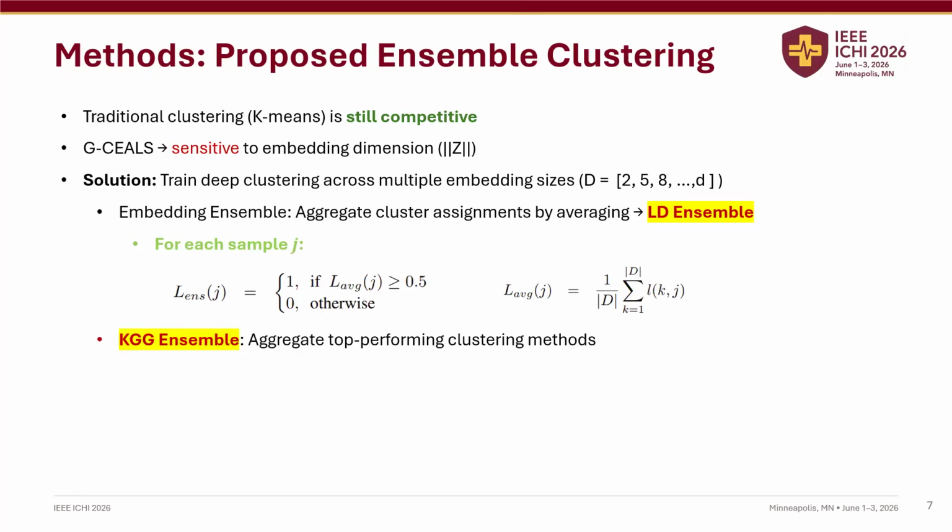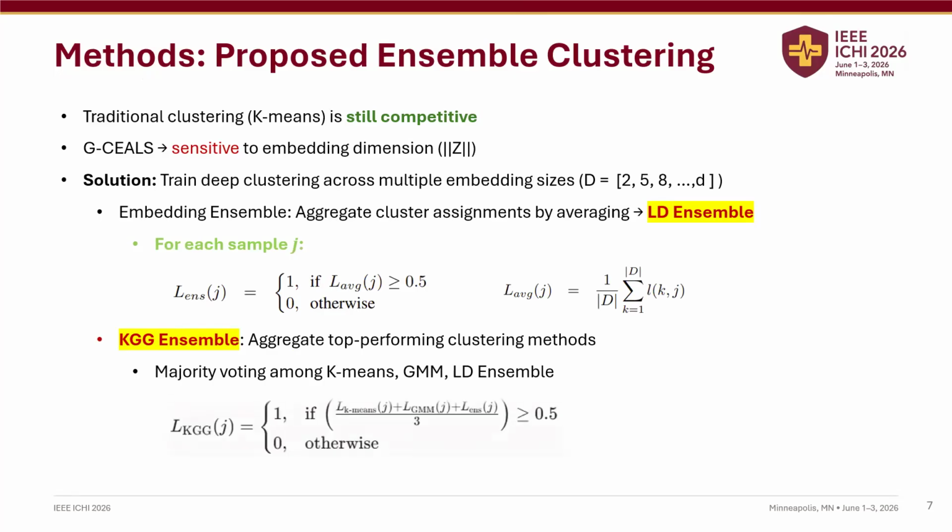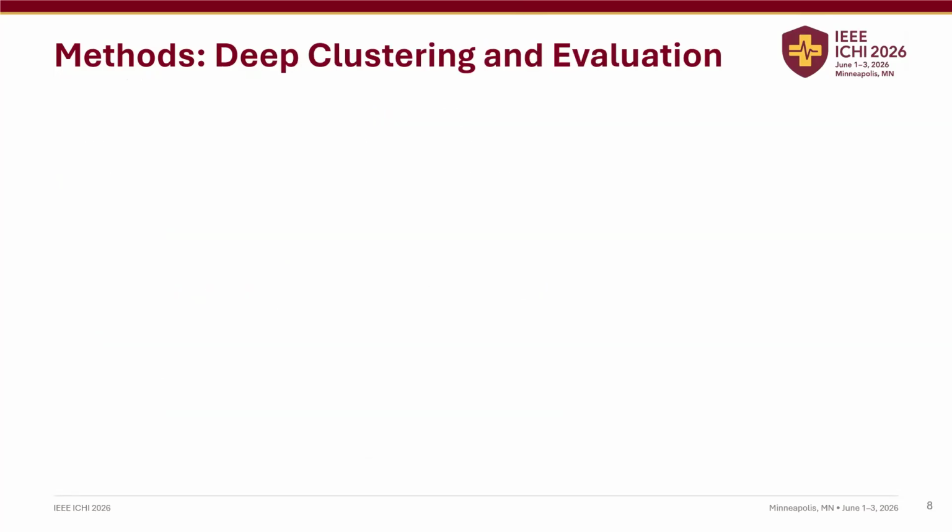And to take it a step further, we combine this latent dimension ensemble with the raw power of traditional k-means and the GMM through a final majority voting schema. We call this approach the KGG ensemble.